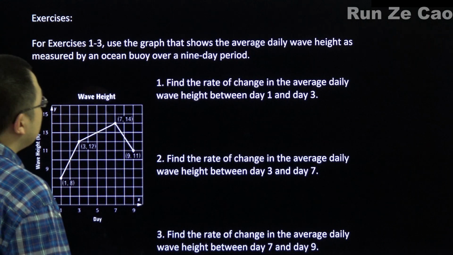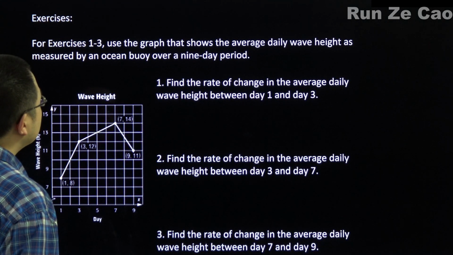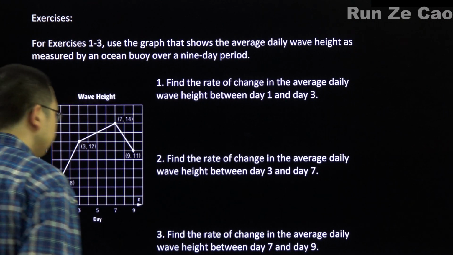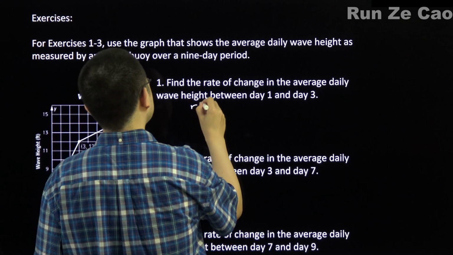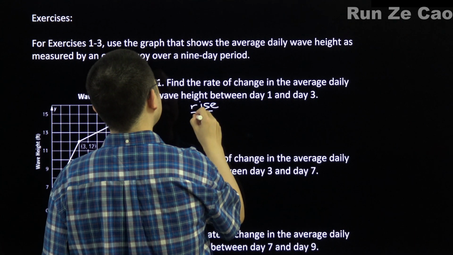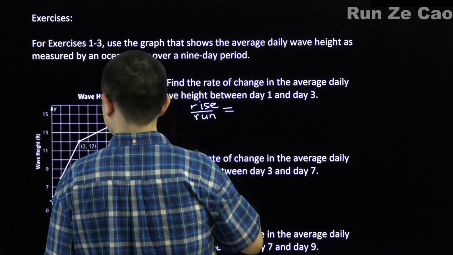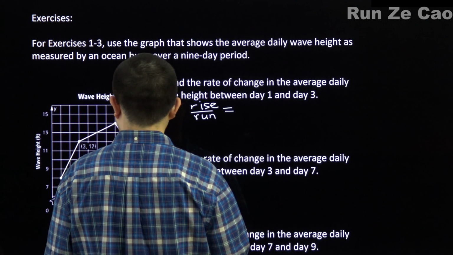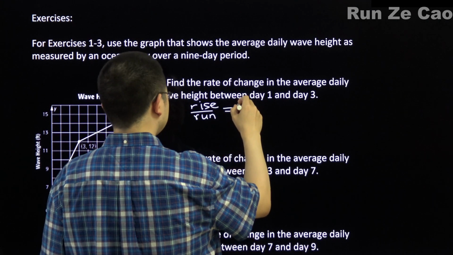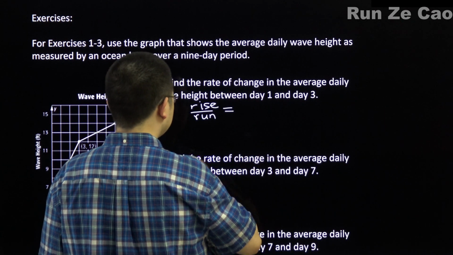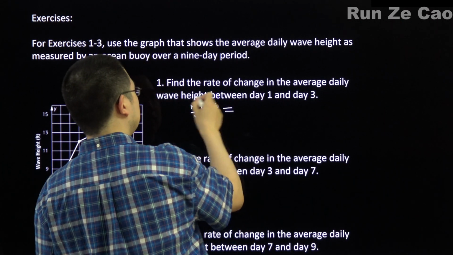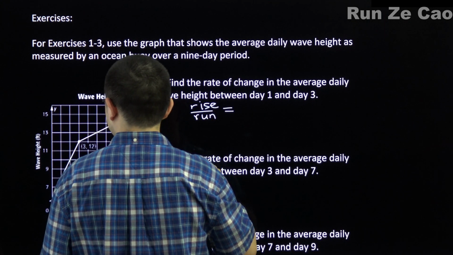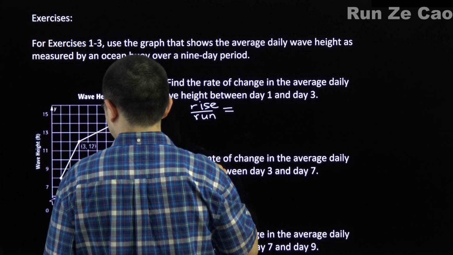So find the rate of change in the average daily wave height between day 1 and day 3. Rise over run is equal to, depending on the teacher, you might still have to write y2 minus y1 over x2 minus x1, but you could also just substitute in right away.